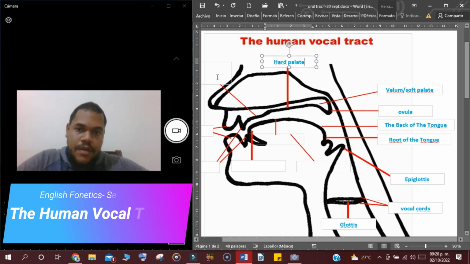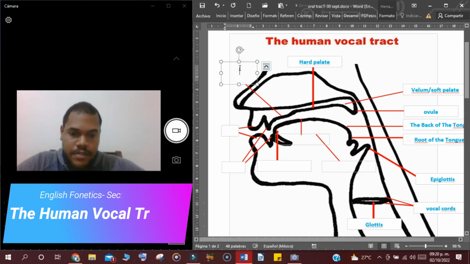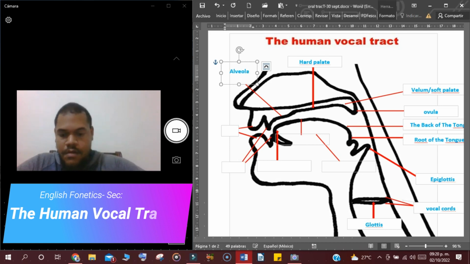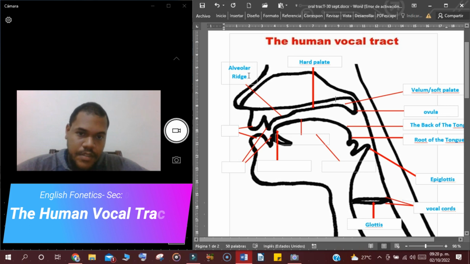Then here we have what is called the alveolar ridge, which is also a place of articulation because it's a fixed place of articulation, not active like the tongue. So let's write here: alveolar ridge.